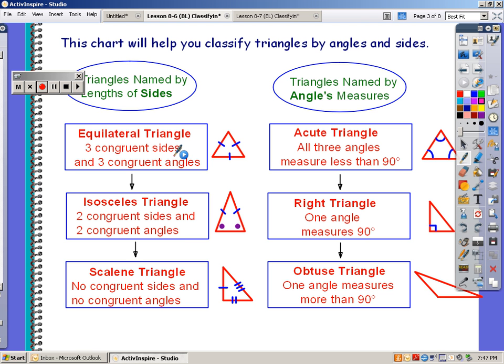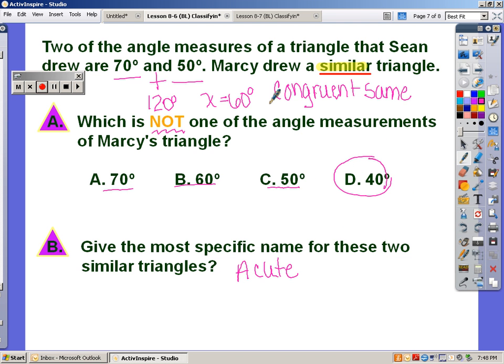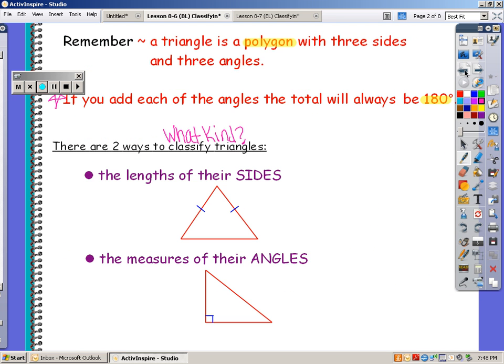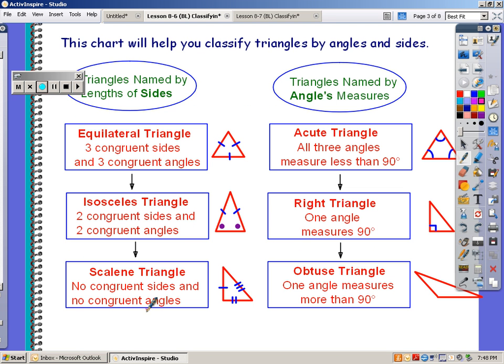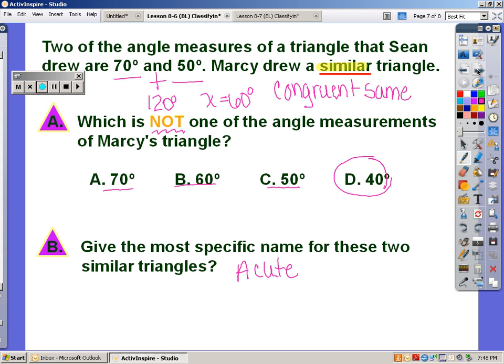If none of the angles are the same, then I must have no congruent sides, right? No congruent angles, so no congruent sides. So that leads me to believe that this must be a scalene acute triangle.